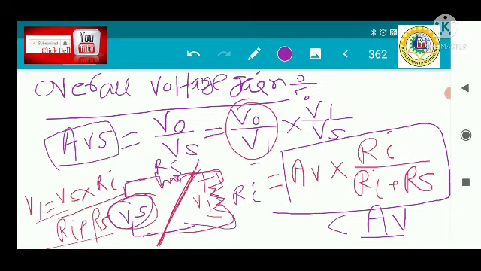So if in the question it is asked to calculate the overall voltage gain, this is the expression for it. Also in a similar fashion we will calculate the overall current gain. Previously we have calculated the current gain.